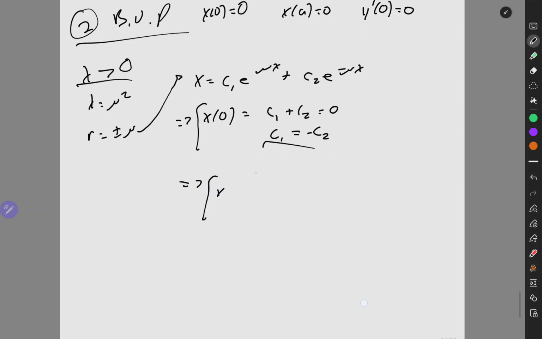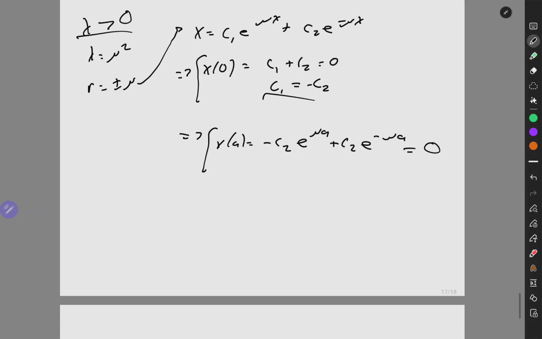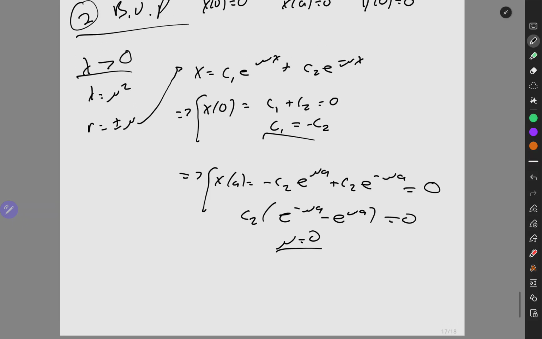Let's do the next one. Plugged in for C1. You can pull out a C2. Remember, if mu is 0, C2 is going to be 0 because if mu is 0, lambda is not satisfied.